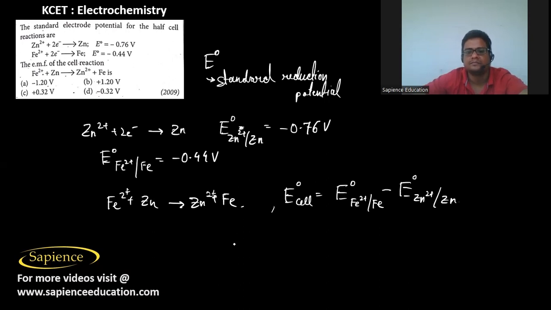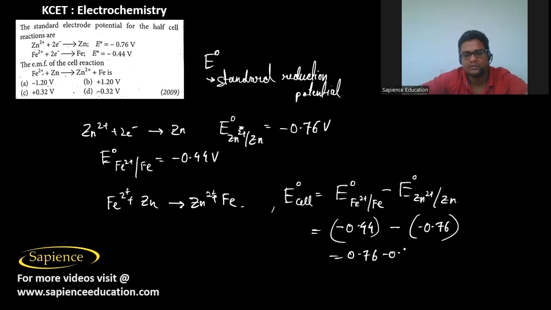So this will be minus 0.44 minus of minus 0.76, that is 0.76 minus 0.44 volts, equal to plus 0.32 volts. So option C is the correct answer.